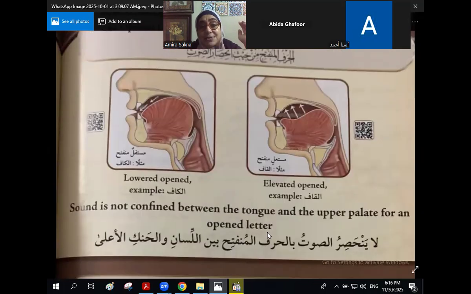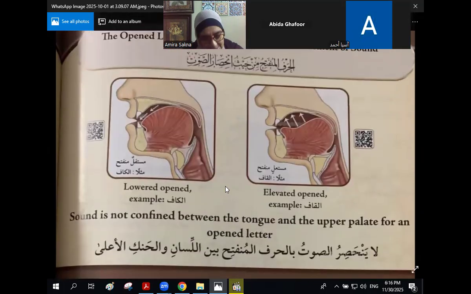Okay. As we explained, my dear sisters, we said that منفتح letters, or the letters which have opening, are all the lowered letters, مستفلة letters, plus the three which remain from the مستعلي letters or elevated letters: the غين, the خاء, the قاف.